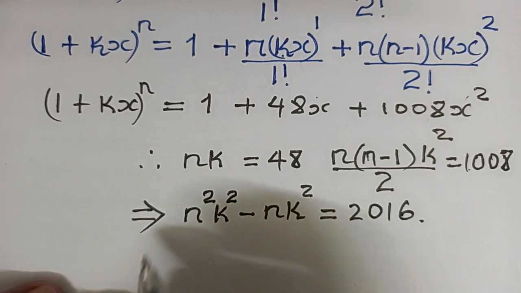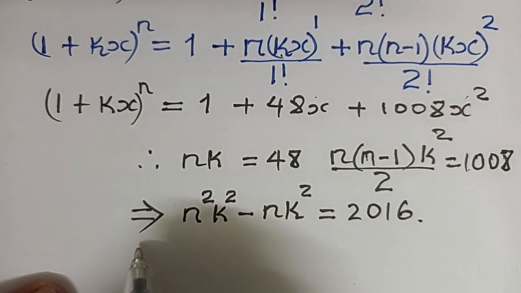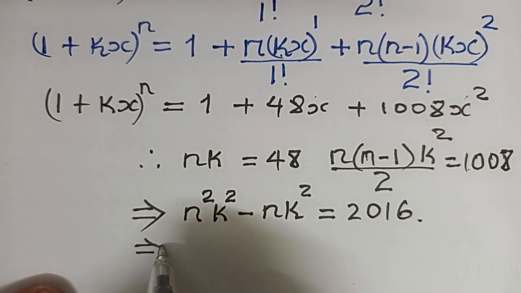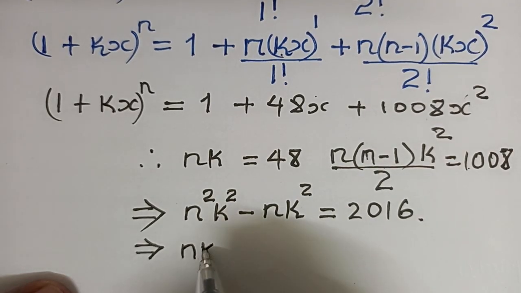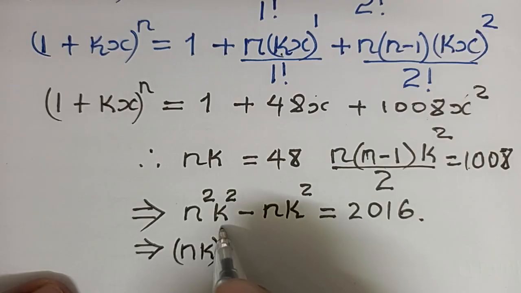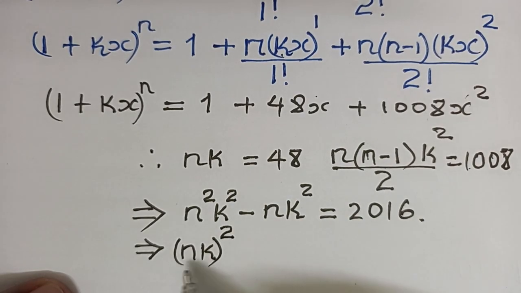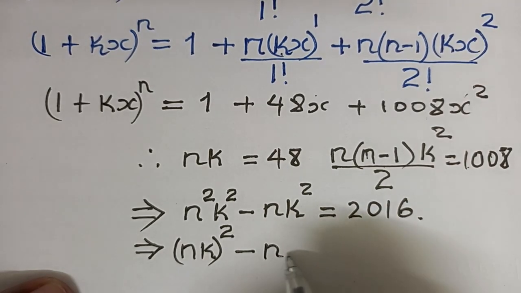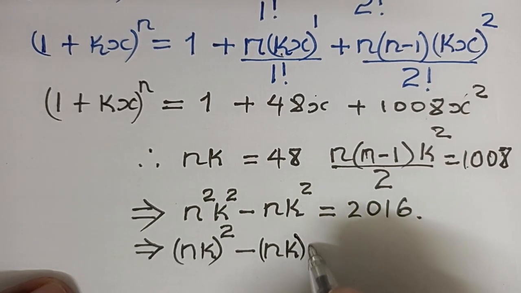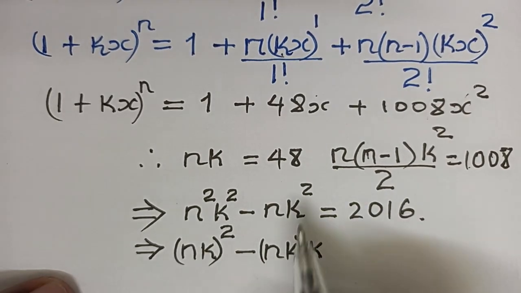From there, guys, we can come here and modify this equation. This is how we modify this equation. We shall have nk squared, and this one is the same as that. Then we say minus nk, we can put a bracket there and then put k. Guys, I have not changed anything.